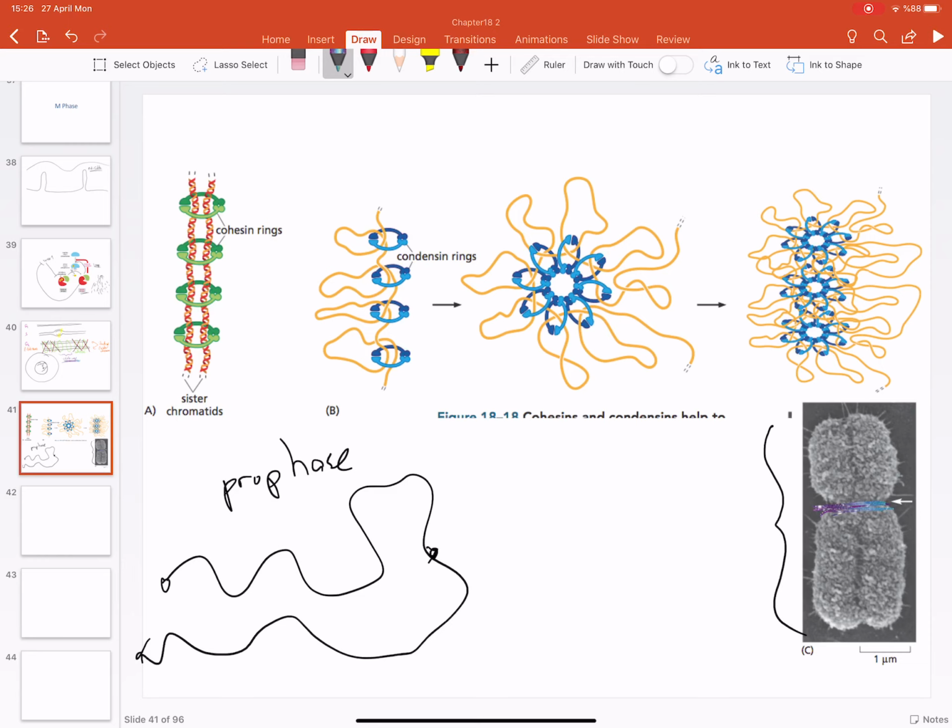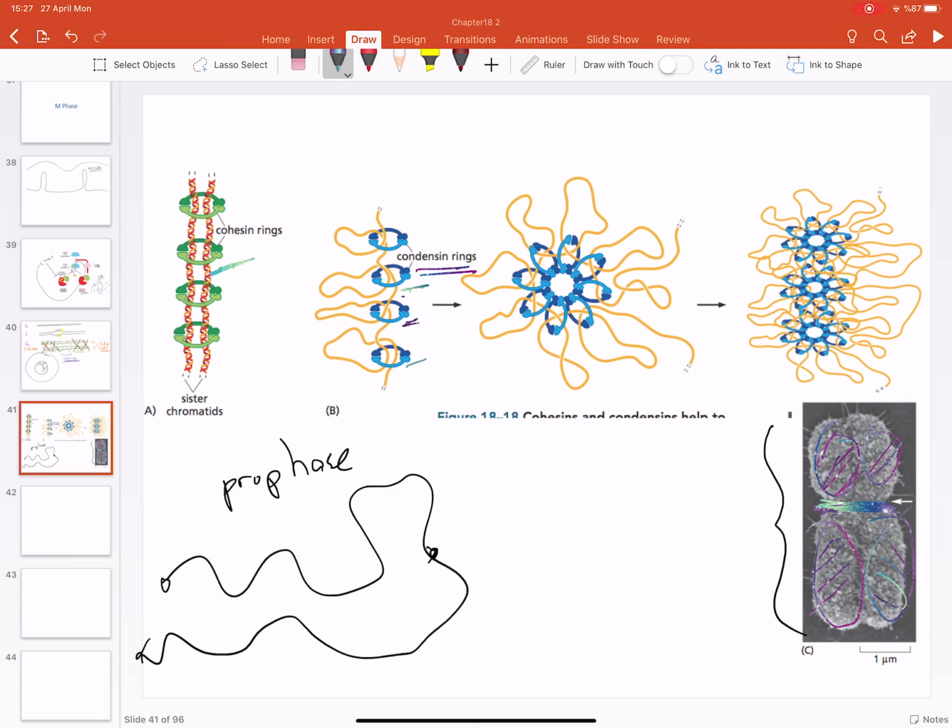Here, the cohesin proteins are broken, otherwise it wouldn't be able to condense separately, because this is one chromosome and this is the other chromosome. With the condensins, by the way, they are very similarly structured rings, cohesins and condensins. Here the condensins are concentrating this DNA, and here in the centromere, they are still kept together with the help of the last cohesin rings available.